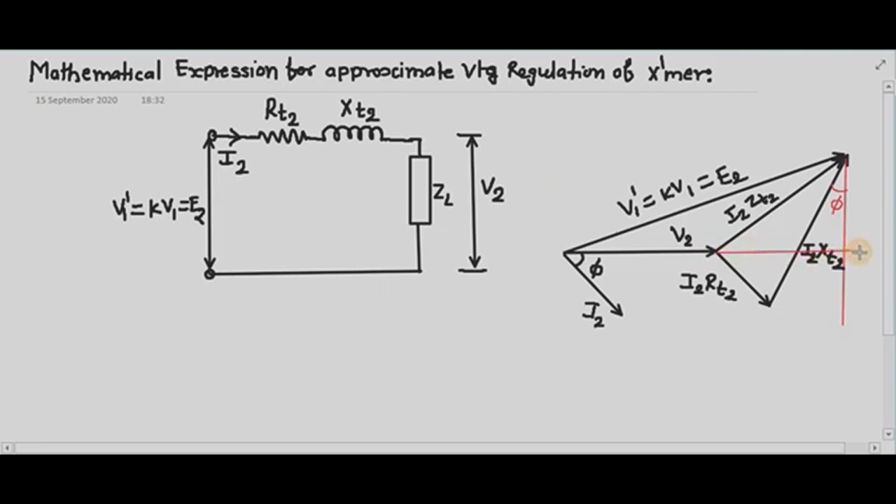Similarly, I will extend the V2 line like this. Okay. I will mark this as a dotted line. Similarly, this line as a dotted line. Similarly, I will put one perpendicular from this.